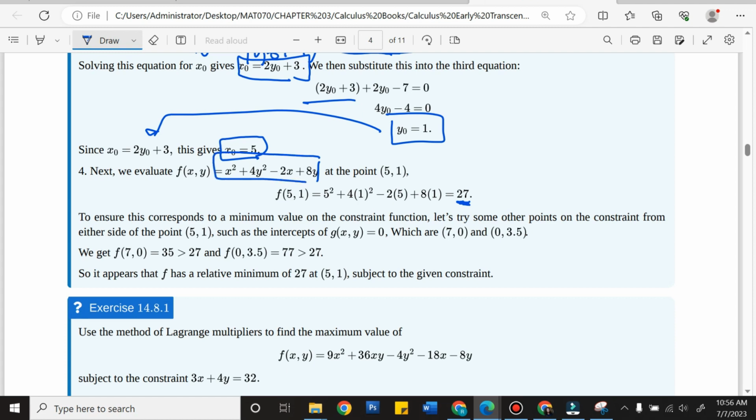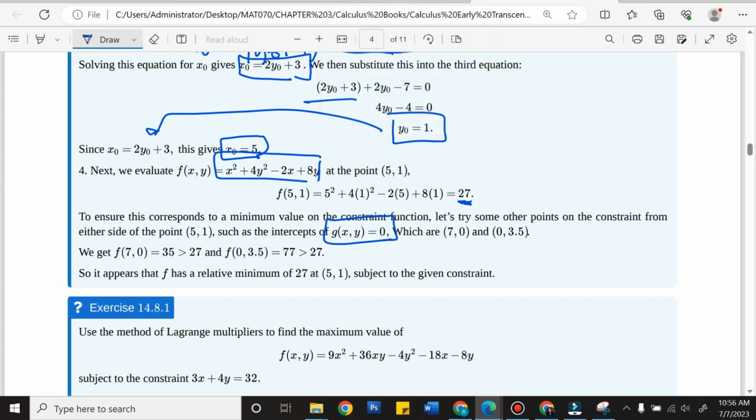Now, to ensure this corresponds to the minimum value under the constraint, let's try other points aside from 5, 1. Okay? These will be the intercepts of your g, where g is 0. Since that was a linear equation, there are many values.